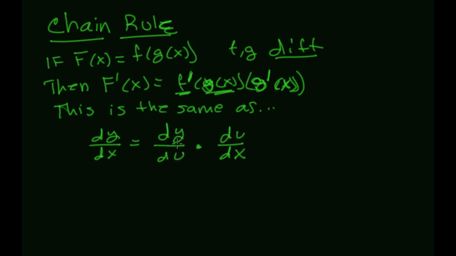You take the derivative of y with respect to u, and then the derivative of u with respect to x. I think this is a little easier to see mathematically, because it's simple to visualize the du's canceling and think, oh yeah, that makes sense. That's not exactly what's going on, but it does make analytic sense. So let's look at a couple of examples.